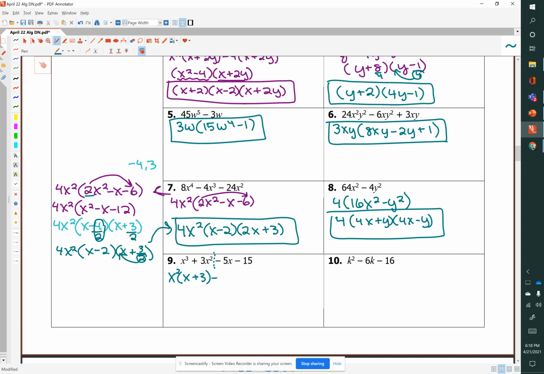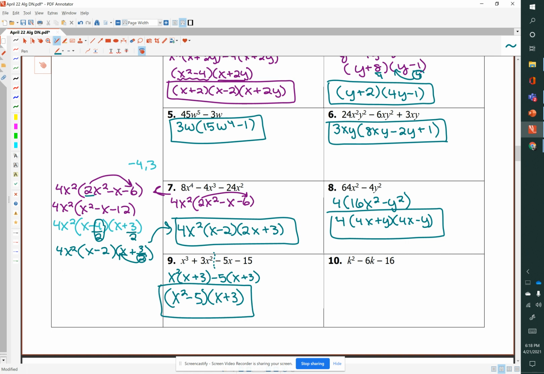So let's factor out the negative 5. And remember, we're left with x, okay? But when we divide negative 15 by negative 5, it's plus 3. So that works for us. So now we have x squared minus 5 times x plus 3, and our work is done.